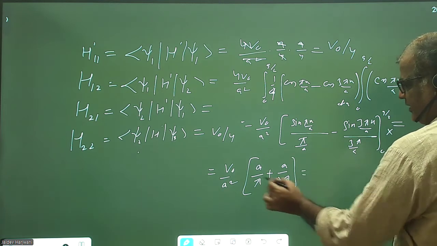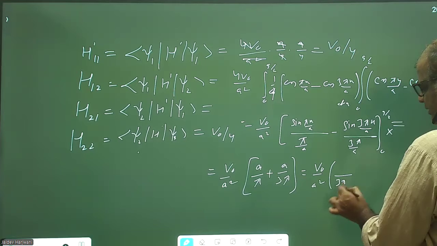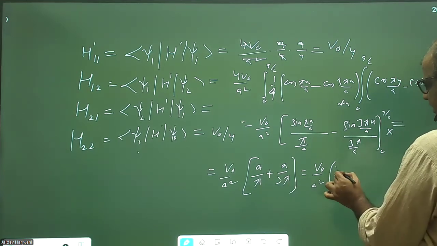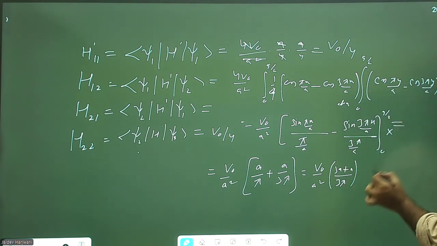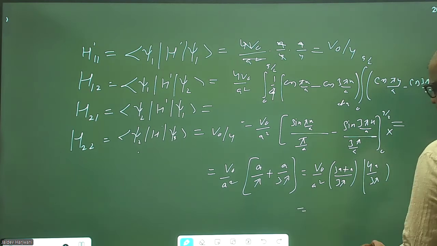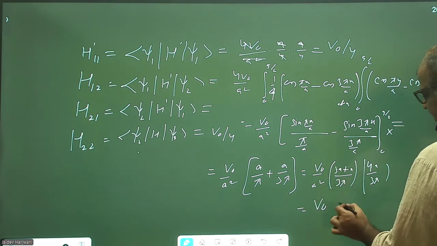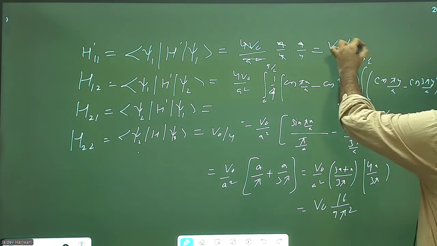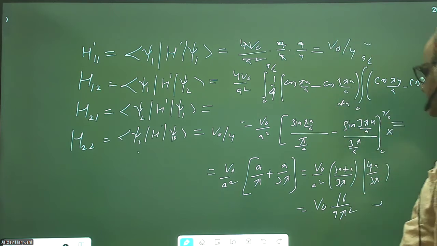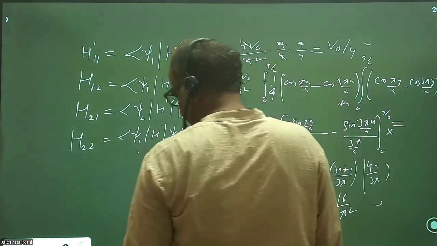So now this is V naught upon A square, and if I take 3 pi common, this gives 3A plus A, that is 4A by 3 pi. Similarly, the other term will also give 4A upon 3 pi. So A square will be cancelled, and you have 4A times 4A, which becomes 16, A square cancels, 16 upon 9 pi square. So you have V naught by 4 and V naught 16 by 9 pi square, and these two elements are the same.